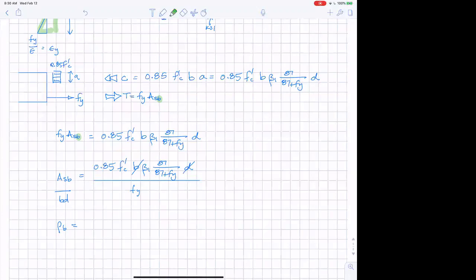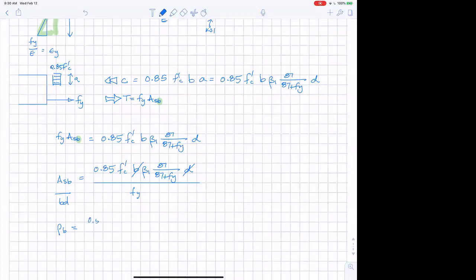Okay, so you get 0.85 F prime C over Fy, beta 1, 87 over 87 plus Fy in KSI.